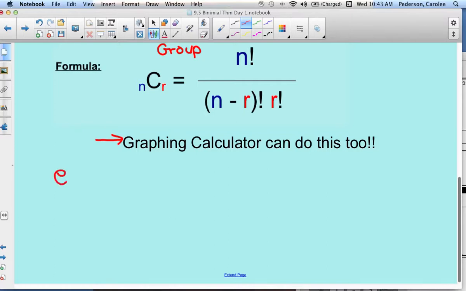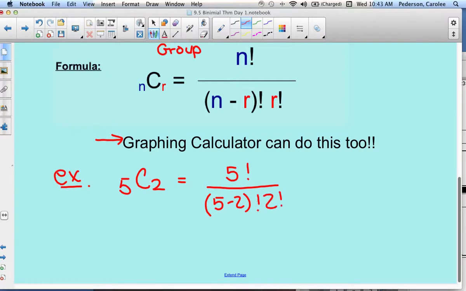So if we had that example of the truck, where we said 5 combination 2, and we want to use the formula above. The 5 is the numerator, so 5 factorial, and then 5 minus 2 factorial, and then 2 factorial. And now let's simplify that. 5 minus 2 is 3.